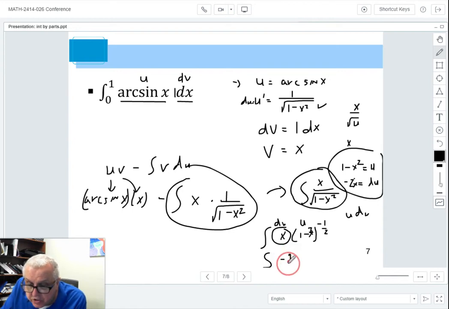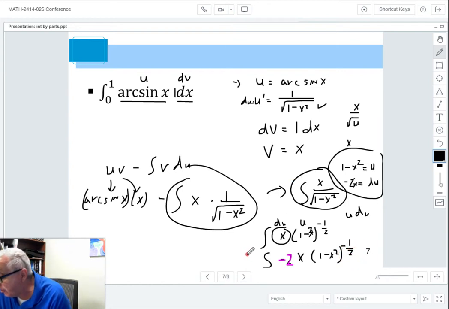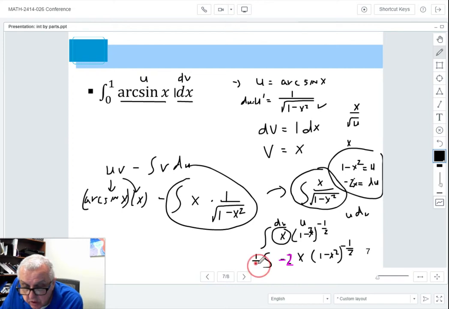So if I put a negative 2 in front of that x, let me change the color of it. Do you see? If I put a negative 2 in front of that x, then I have to put a 1 over negative 2, a negative 1/2, in front.